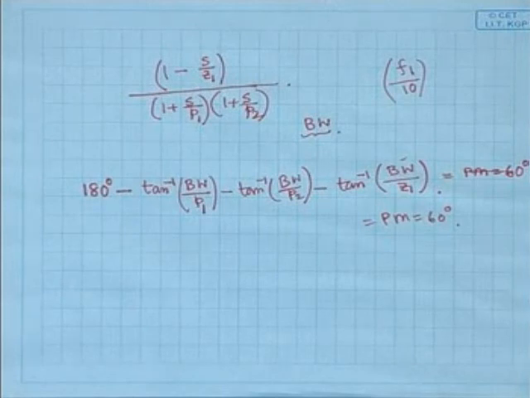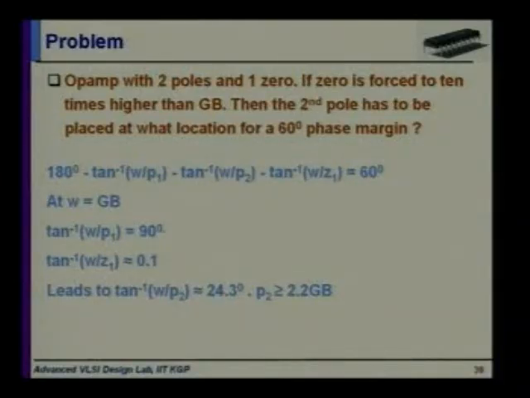So you can choose the zero almost at 10 times the bandwidth. Here omega equals GB. The location of pole P1 will actually cause a phase shift of 90 degrees much before the bandwidth.